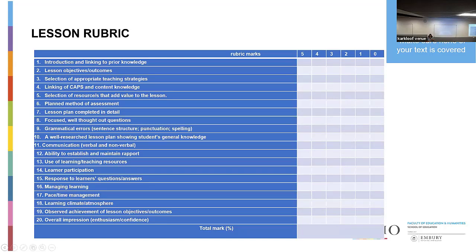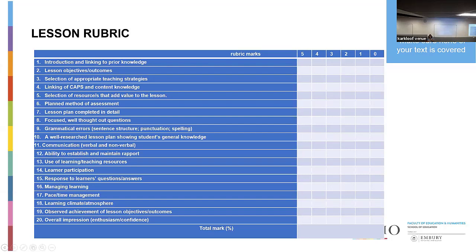So, on a scale from 0 to 5 marks, you will be assessed on the following 20 points. Whether all of this is in your lesson plan. The introduction and linking to prior knowledge.